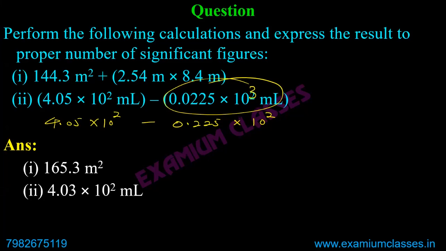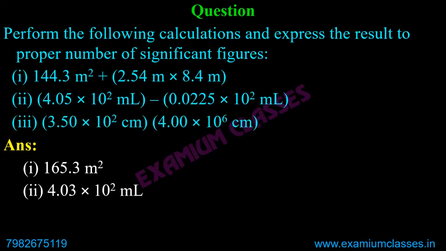Is that clear? Yes, sir. And then you will do the calculations. This will still decide the number of decimal places in the answer. So that part will not be changed, which is deciding the number of decimal places in the answer. Next, tell me the answer of this one.